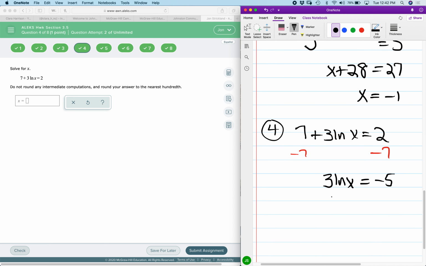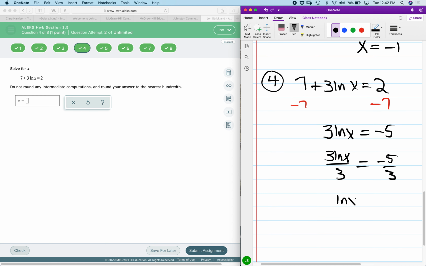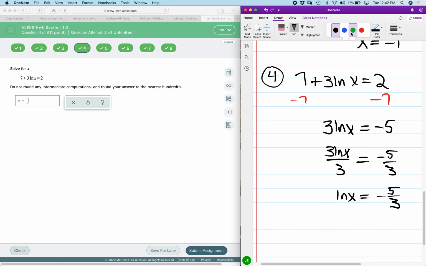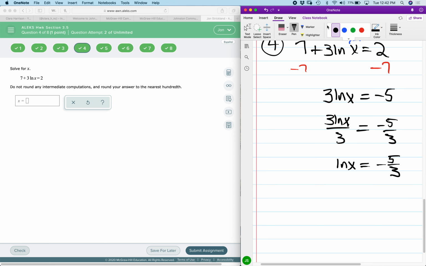As we divide by 3, the natural logarithm of x is equal to -5/3. Keep in mind, a natural logarithm is a base e logarithm. And before I get too far ahead, for x we need the argument to be a positive value. The natural logarithm of x, again the same as a base e logarithm of x, is equal to -5/3.